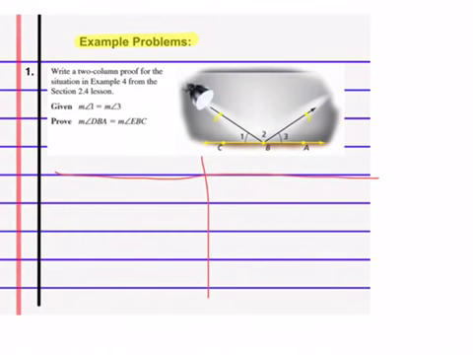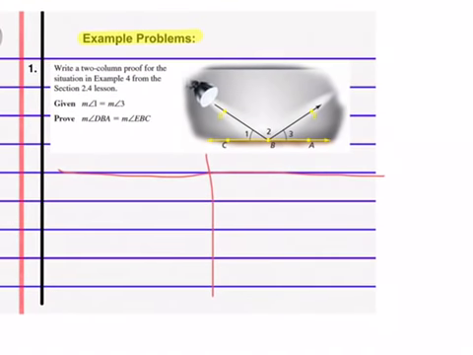So whenever you get this, you're always going to want to set up your T-chart, okay? Set up your T-chart. Okay, and again, statements always goes on the left. Statements, if you want to put S, that's fine with me.